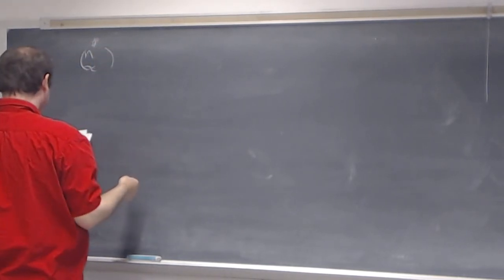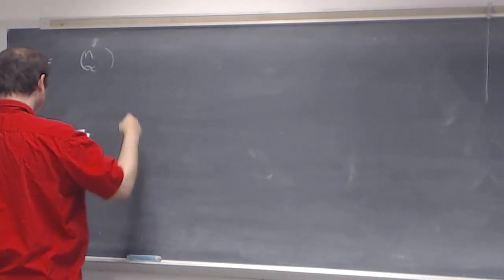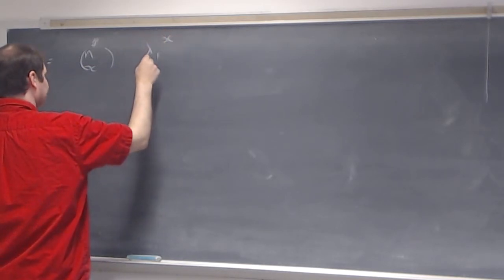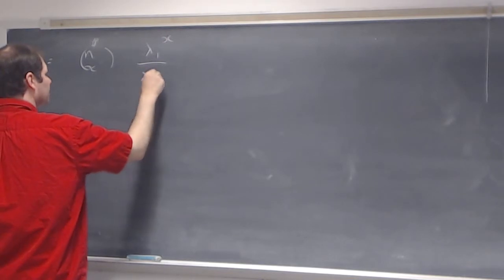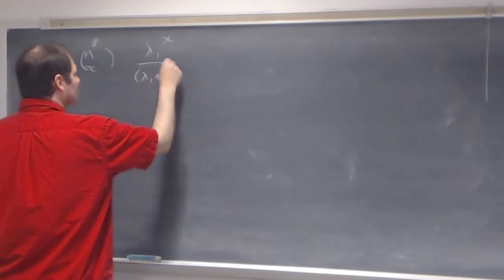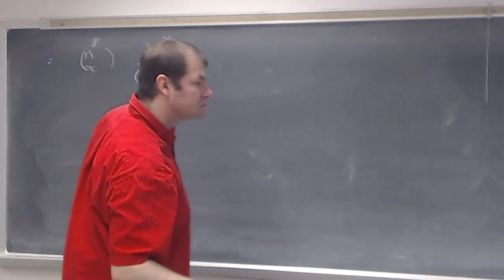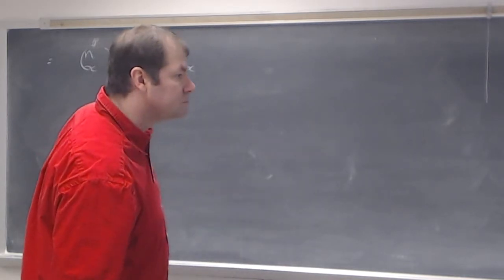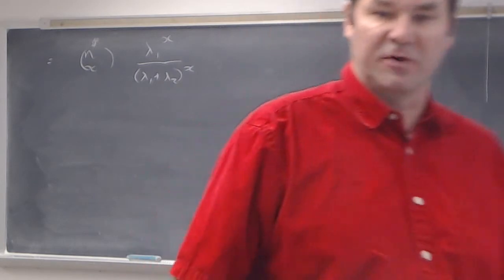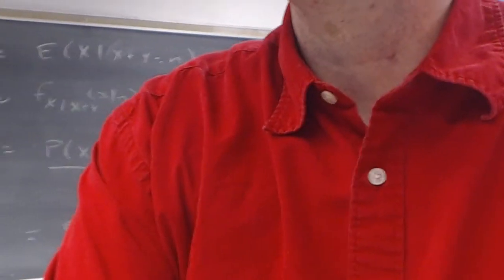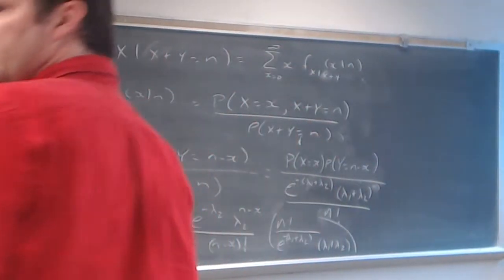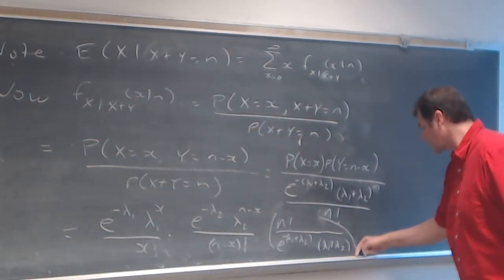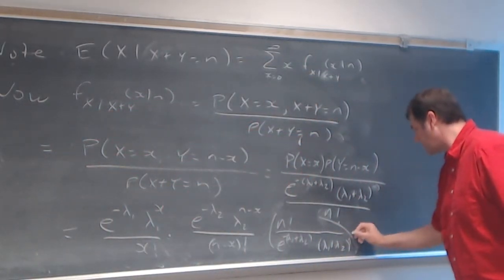And then we have a lot of cancellation between the e's. And so we're left with lambda sub 1, which we rewrite as lambda sub 1 to the x over lambda sub 1 plus lambda sub 2 raised to the x. And then I made another mistake over here. I'm sorry. So here at the bottom, when I wrote down lambda sub 1 plus lambda sub 2, that should have been raised to the n.